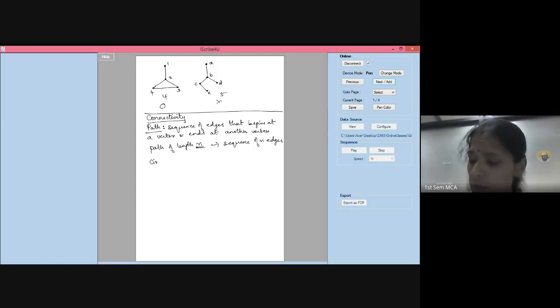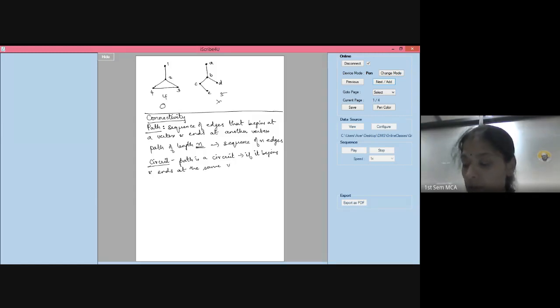These are all important definitions. They may ask you any definitions. What do you mean by a circuit? As I told you already, if a path begins and ends at the same vertex, then you call it a circuit.